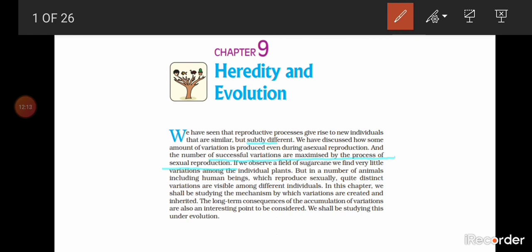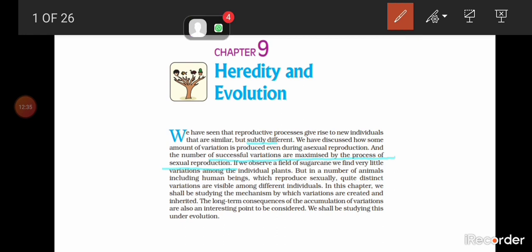What do you mean by successive variation? For example, your brother does not look like you, and you are not alike with your grandparents or your parents. So we can see variation at the next level. That is what we call successive variations, and it is possible only through sexual reproduction.